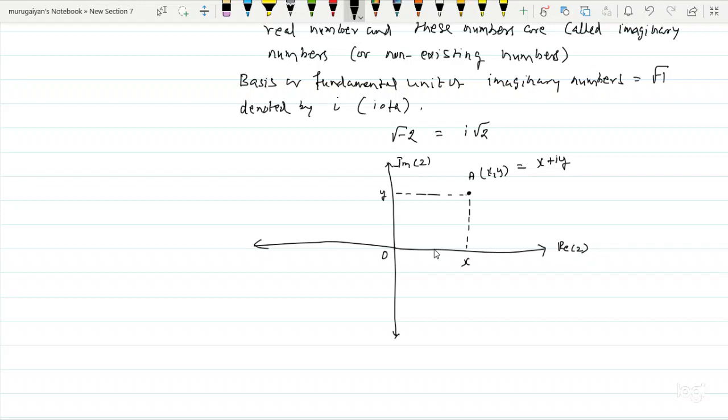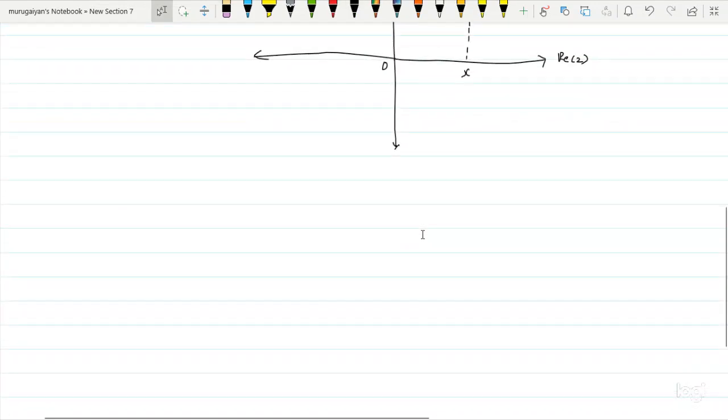So therefore students, x plus iy is the standard form of a complex number.